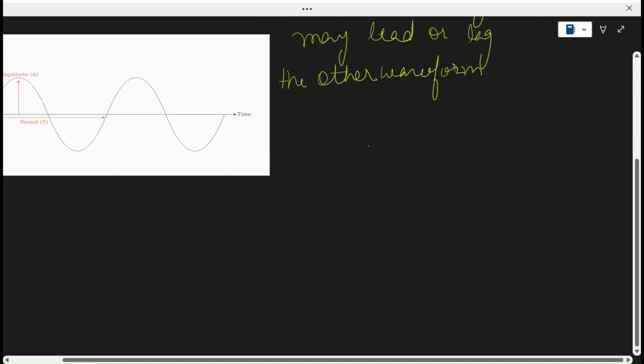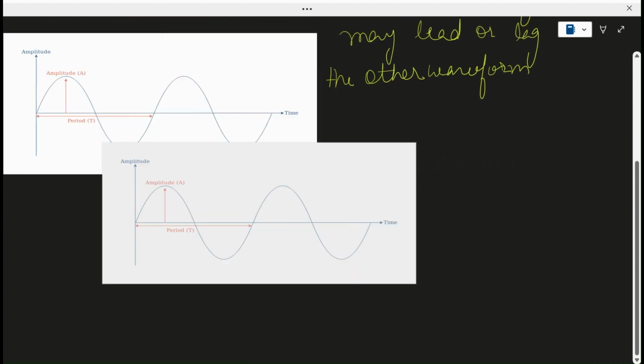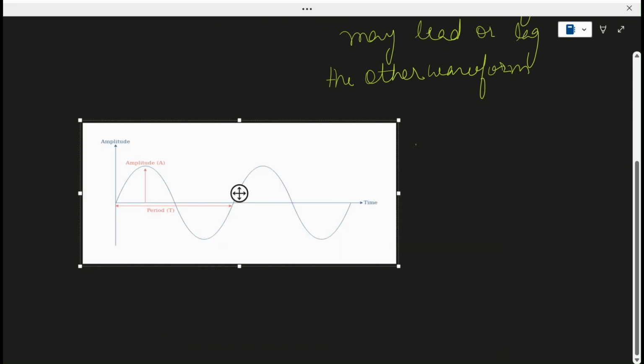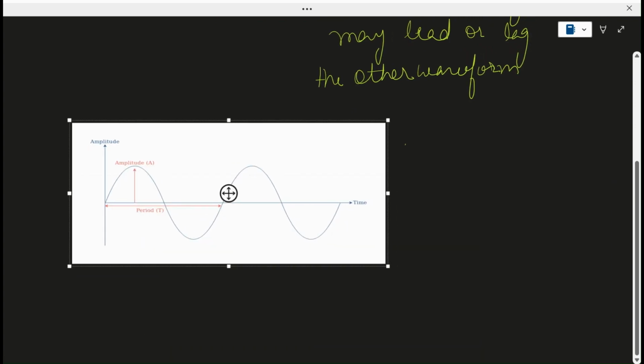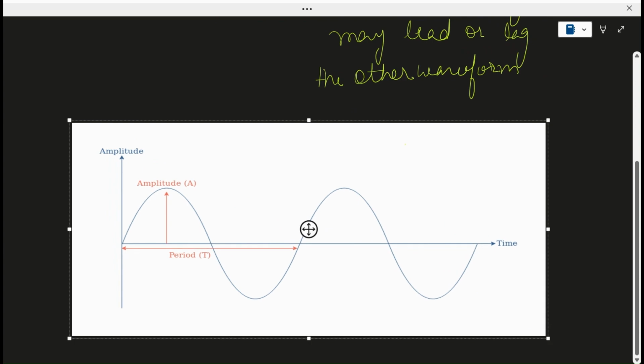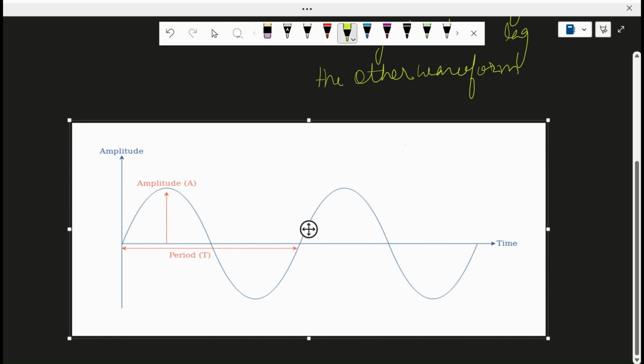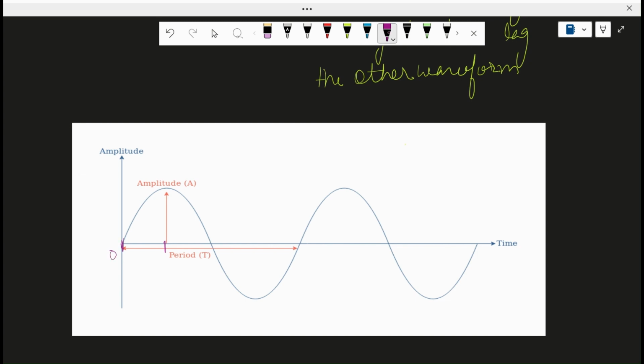So this was the diagram we saw yesterday, right? The basic waveform we took. Let me take it again. Here, what did we see? Phase. There are different positions of the wave at different angles, right?